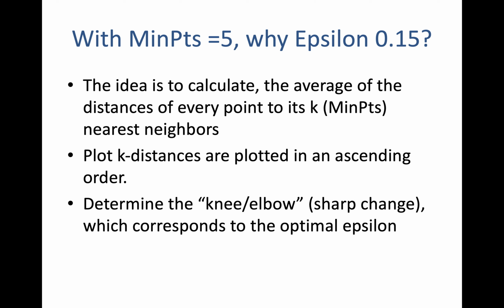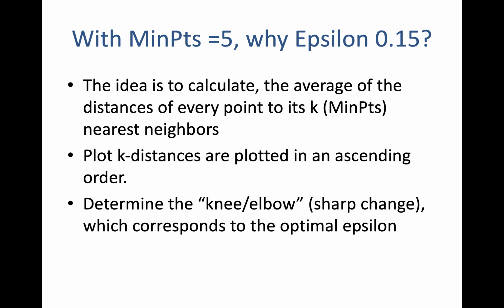But approximating the epsilon value is not that straightforward because it's not so easily interpretable, right? And so the idea is, how do we come up with an epsilon value that is right? The approach that we use is extremely similar to the elbow approach that I just explained for k-means. So how does it work? Since we have this minimum number of points, the idea is to compute the average of the distance of every point to its k nearest neighbors.